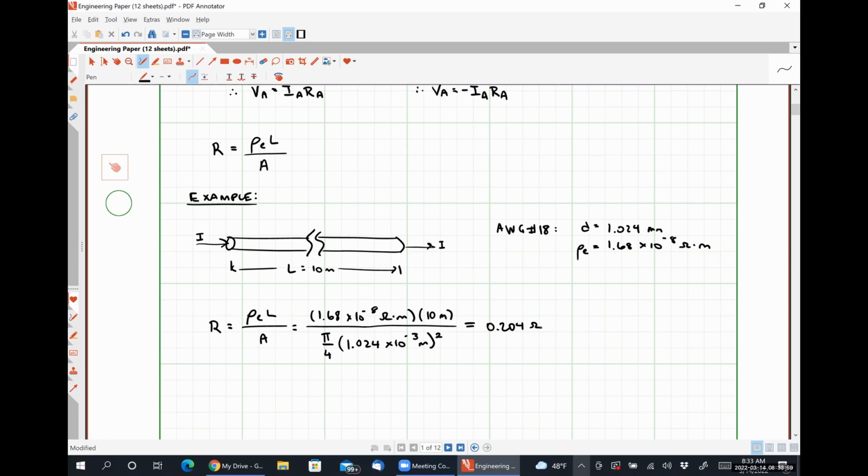Let's talk about this result really quickly, okay? This 10-meter long section of wire has a resistance that's roughly 1/5 of 1 ohm. How does that compare to the resistors that you use in your engineering 120 series classes in size? Anybody remember the smallest resistor that you use in 120?